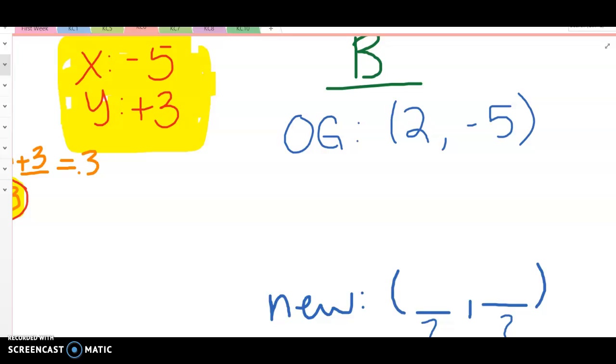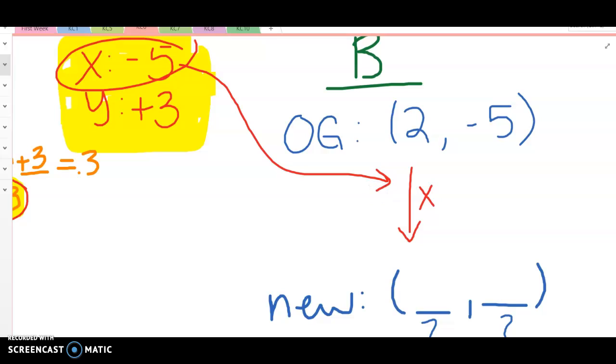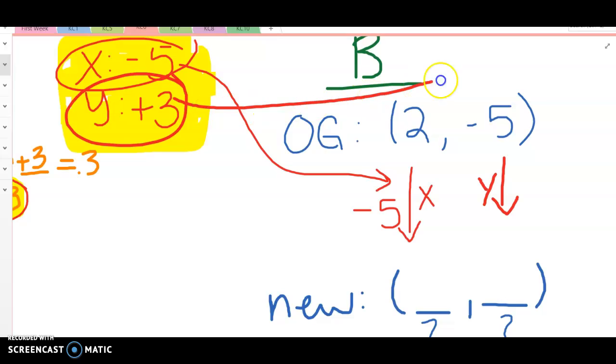So the x has to go down 5 again, and the y also has to go the same number of steps that it did before, so it has to go up 3.